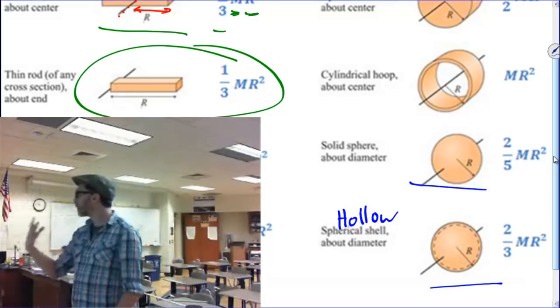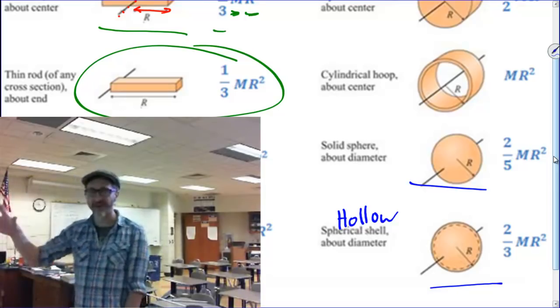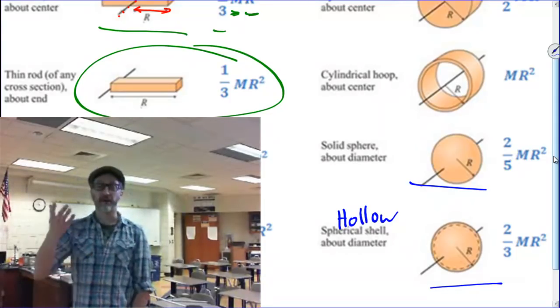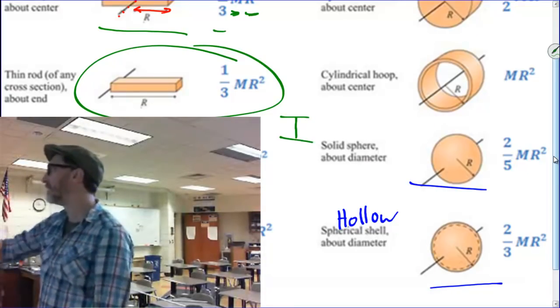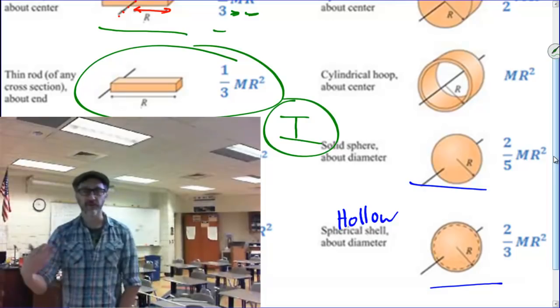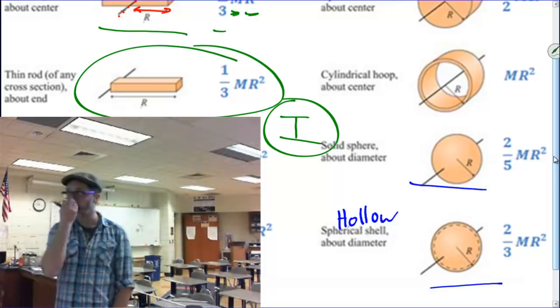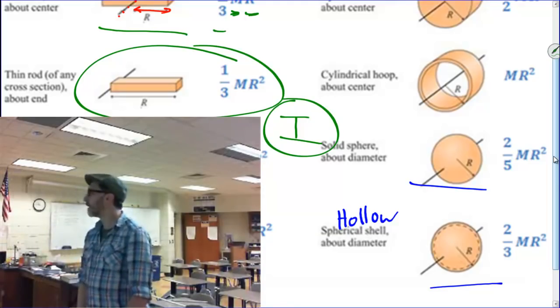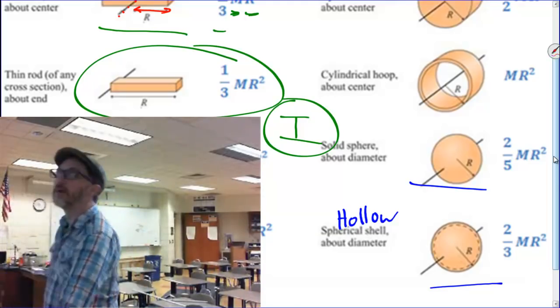But for right now, you should understand this, and you probably want to write this down: the more rotational inertia an object has, in other words, the larger I is for an object, the harder it is to change the rate at which it's rotating. So that is that.